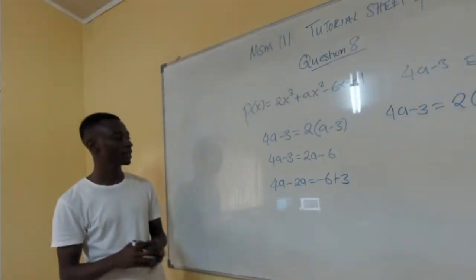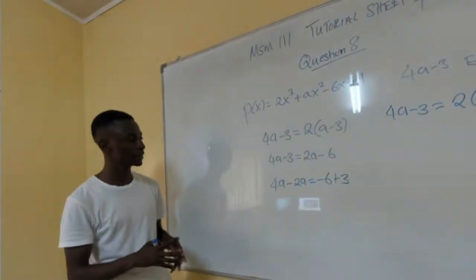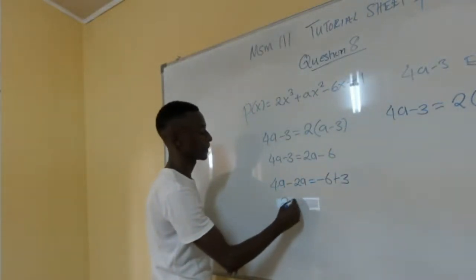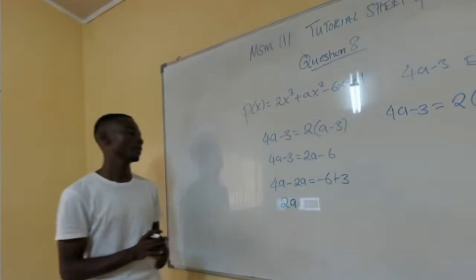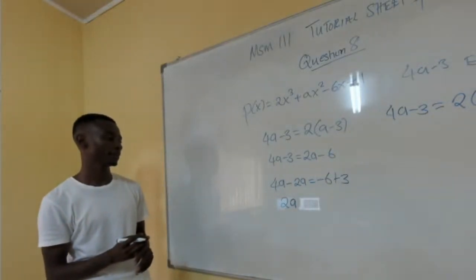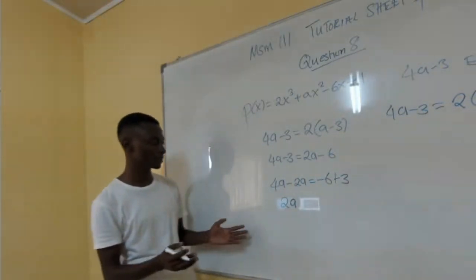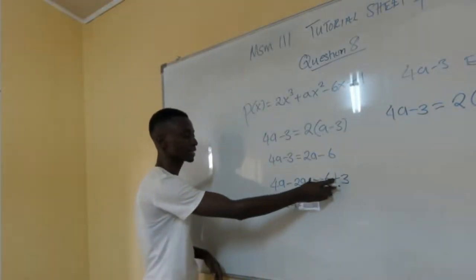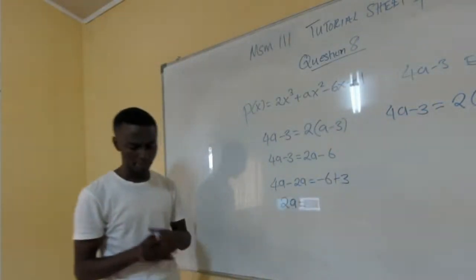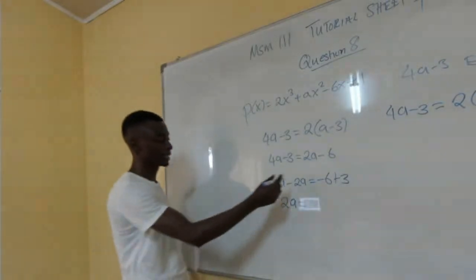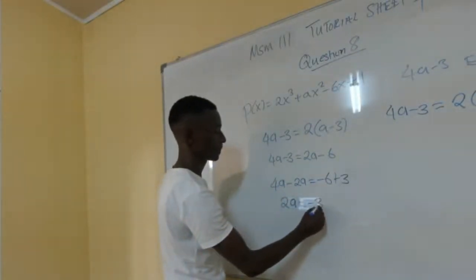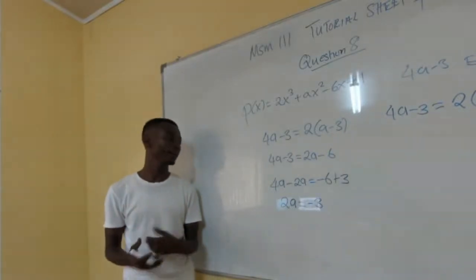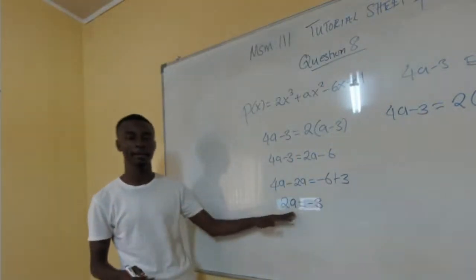Let's proceed. What is 4a minus 2a? We're getting 2a. Equal to, what is negative 6 plus 3? Negative 6 plus 3, we're getting negative 3. What is our aim? Our aim is to solve for a.